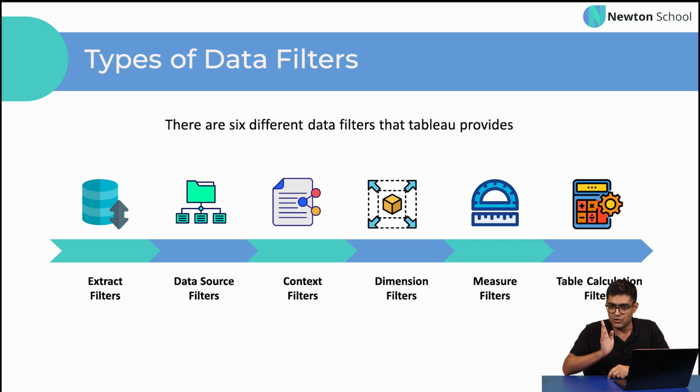If you divide your screen into 2 halves, on the left hand side, you see extract filters, data source filters, and context filters. These 3 are performance optimization filters. These 3 will help you optimize your Tableau's performance. On the right side of your screen, dimension filters, measure filters, and table calculation filters are the interactivity filters.